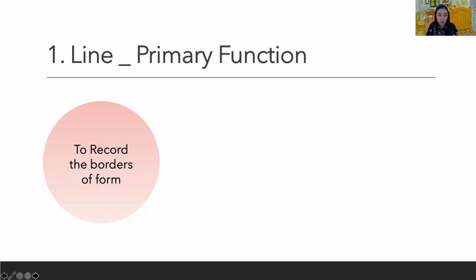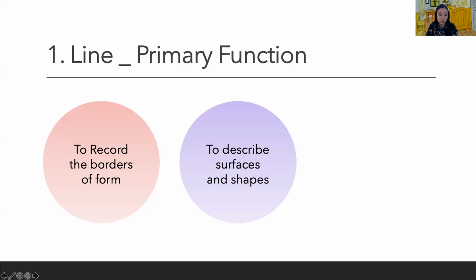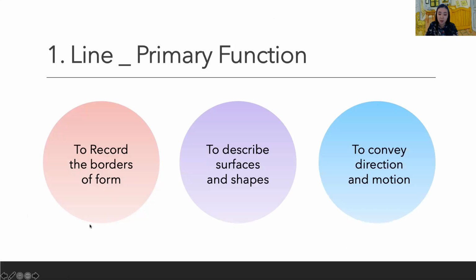The next function is to describe surfaces and shapes. And the third function is to convey direction and motion. So let's see how it works.